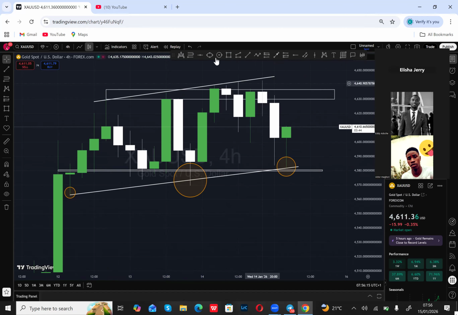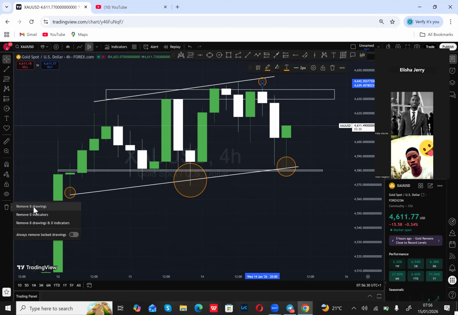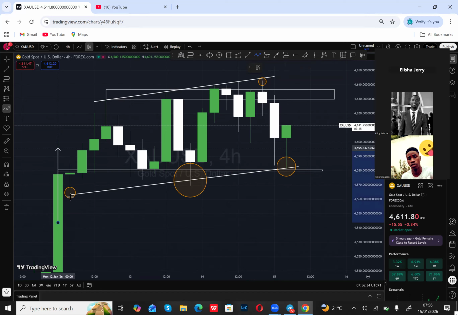So there was actually a stop hunt around here, which took many people out before price started retracing to the downside. Let me show you where that came from. The flow now is we have something like this, and then like this.